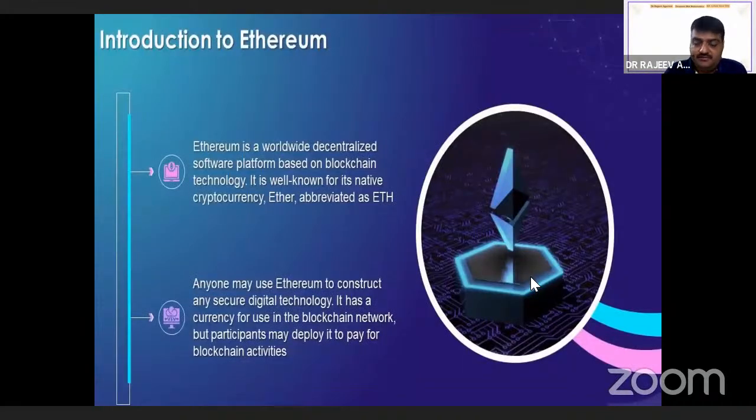Now next we need to know about Ethereum. It's a worldwide digitalized, decentralized software-based platform on blockchain technology, which is well known for its native cryptocurrency. It is commonly called Ether, abbreviated as ETH. Anyone may use Ethereum to construct any secure digital technology.